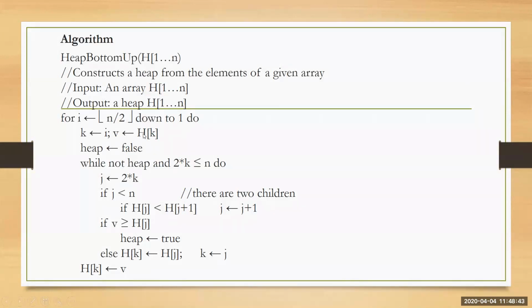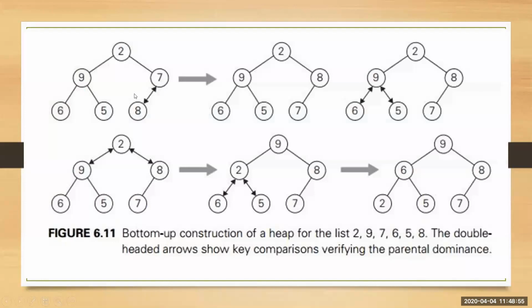V is equal to H of k. k is the index of the parental node, and whatever value is there in that parental node is stored in V. For example, if I take this as the input heap, the last parental node is 7, and that is stored at index k.